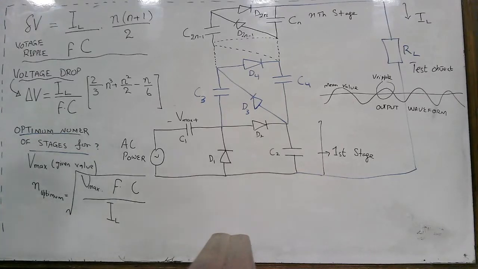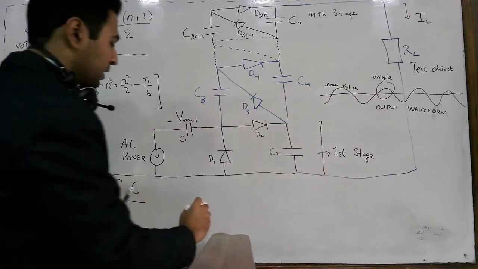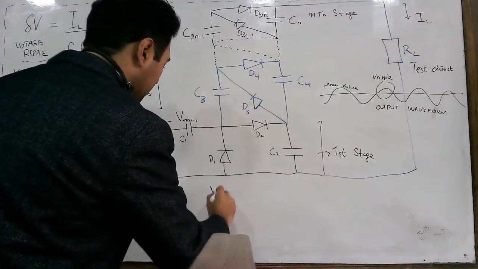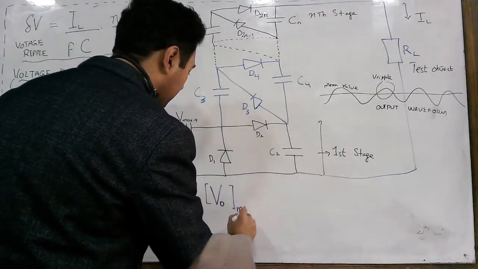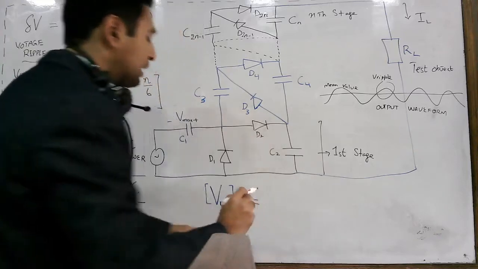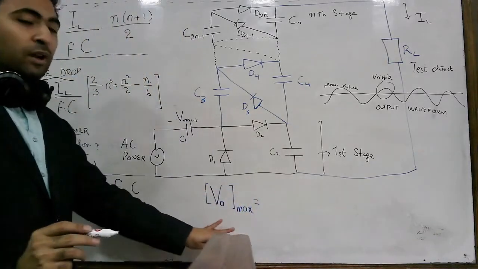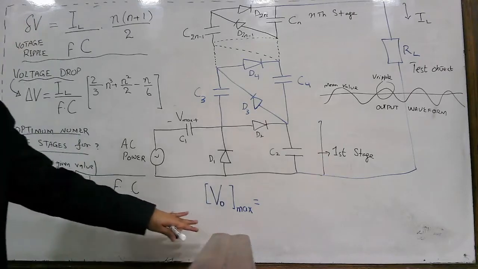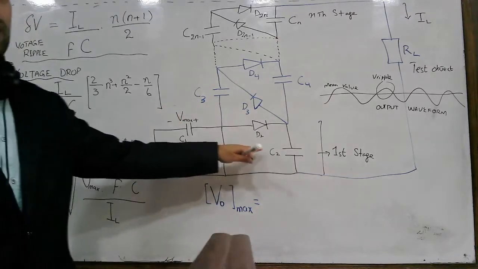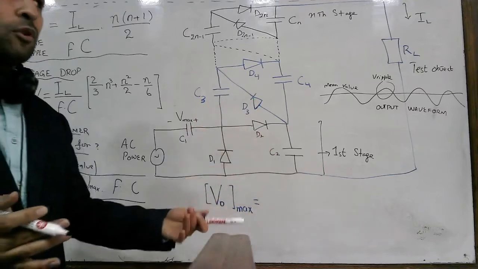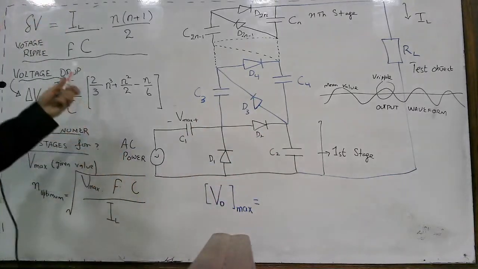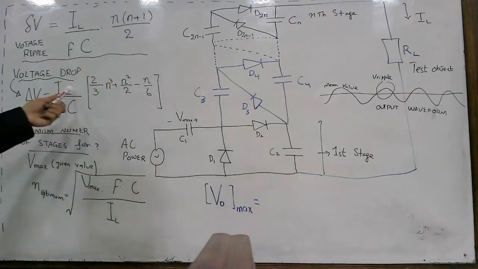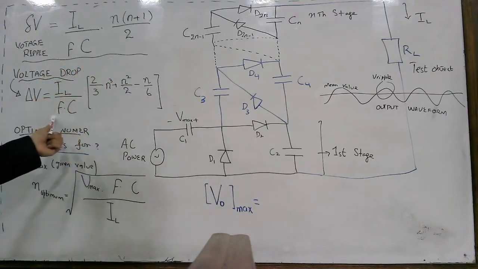Now comes another very important equation of this Cockcroft-Walton circuit, which tells us the maximum possible output value. Theoretically, this circuit doubles the voltage, but practically you have voltage drop because you have the load current and the input frequency.